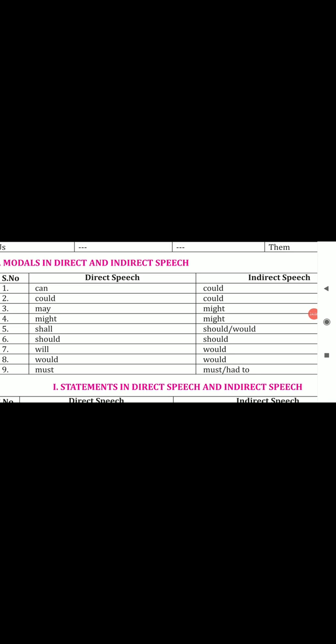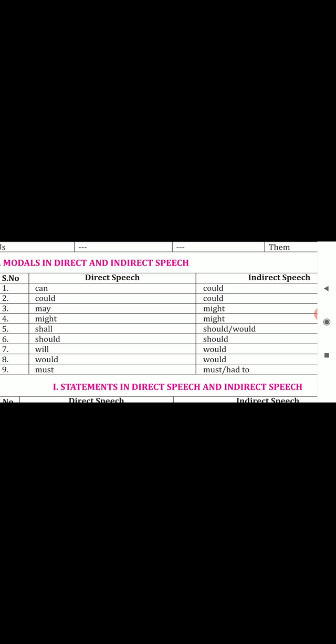Then let us learn how modal verbs in direct speech can be changed into indirect speech. Most of all, the modal verbs may be in future tenses, especially in the reported part. So can in direct speech can be converted into could in indirect speech.